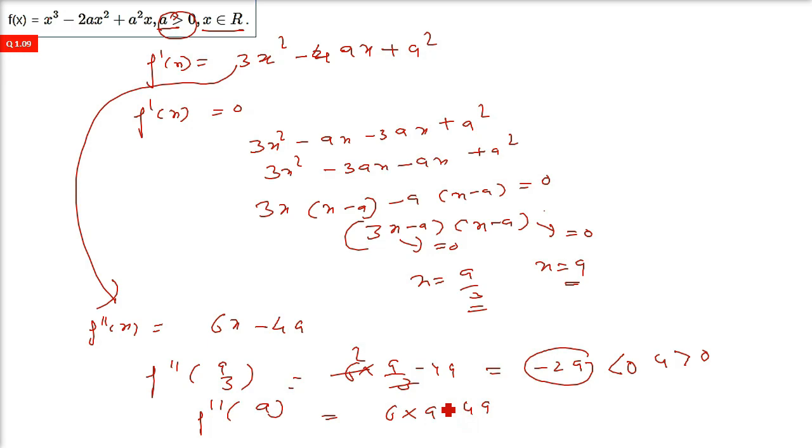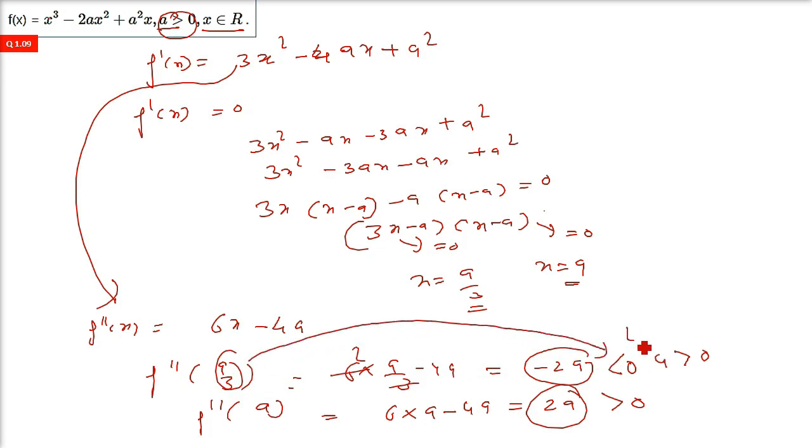When you have 2a, that indicates that you are going to get the local minima. Again and again I am saying, the whole theory of this exercise is not the value of f double dash, but the sign. Negative gives you local maxima, positive gives you local minima.